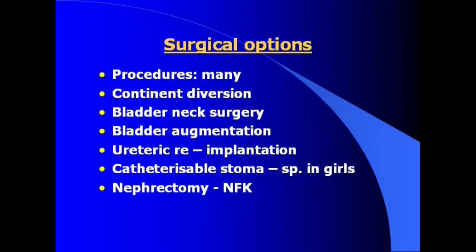And sometimes even nephrectomy, because one kidney may be non-functioning and the other kidney is the seat of the problem, so it is better to take it out. Needless to say, if there is an underlying associated pathology, that has to be tackled on its own merits. So these are some of the approaches.